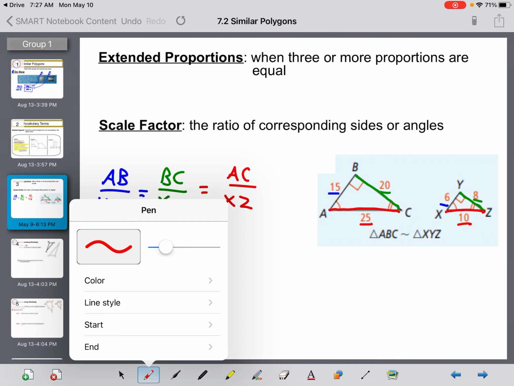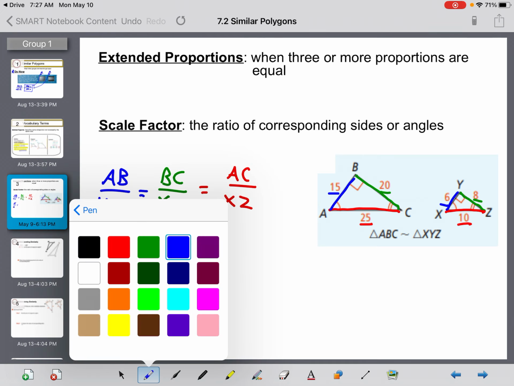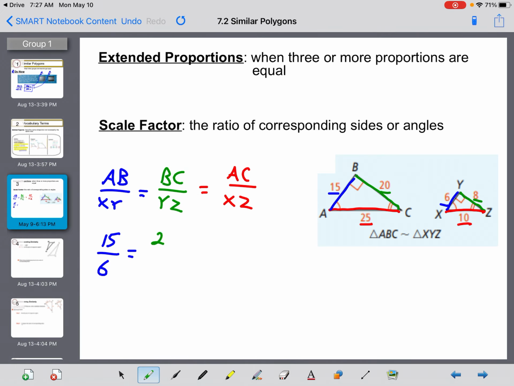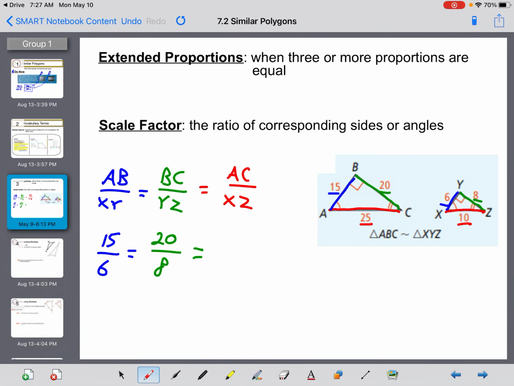And if you notice, if we were to plug in the values, AB over XY is 15 over 6. BC is 20 over 8. And AC over XZ is 25 over 10.